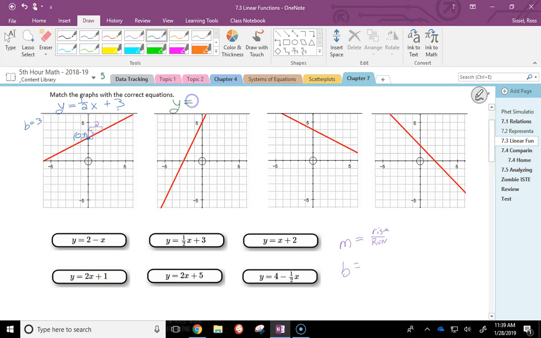Y equals negative... close, but not yet. There's one mistake. Miles? Y equals -2 over 1x plus 1. Good.